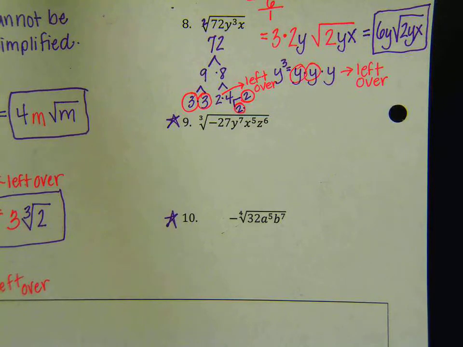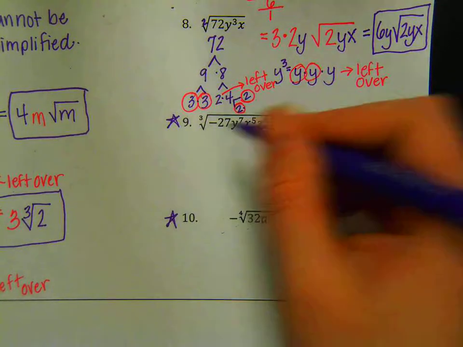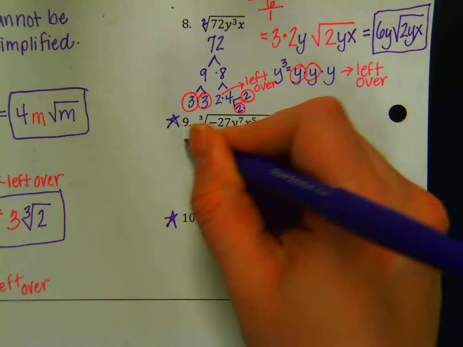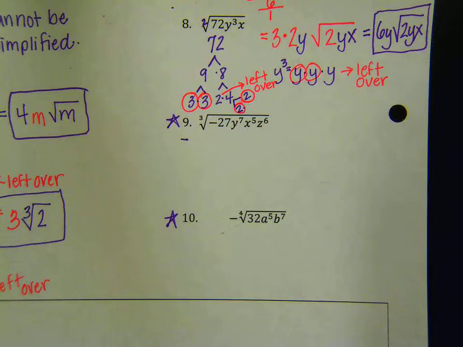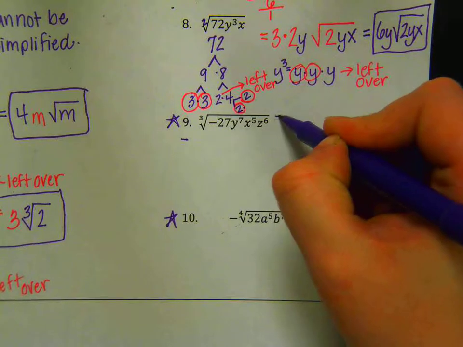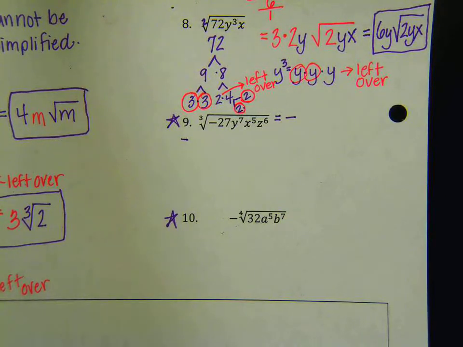So on here, this is negative 27. We know the cubed root of a negative is going to be a negative. So I'm actually going to put a negative on the outside right away. And then we have 27.